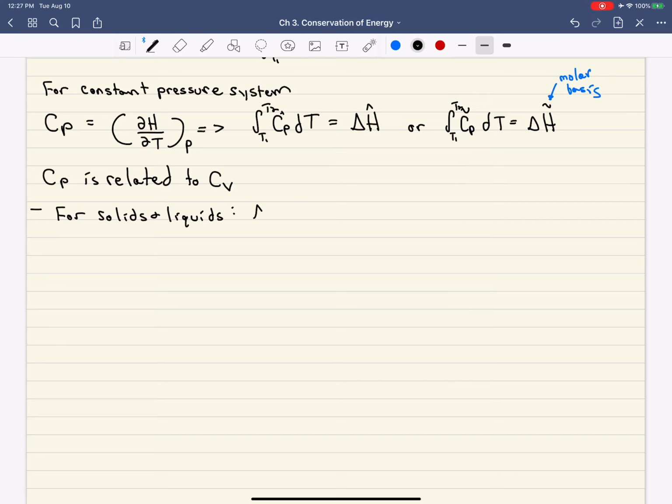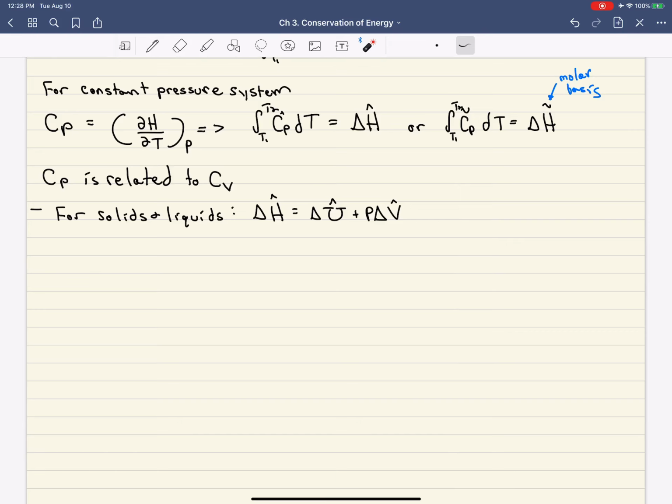then our change in enthalpy on a mass basis, from the definition of enthalpy, we know it's this. Right? And because we're dealing with a constant pressure system, we know that the pressure isn't changing. Okay?